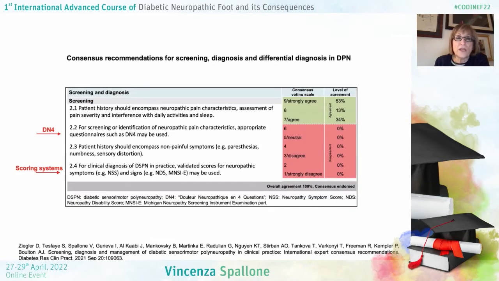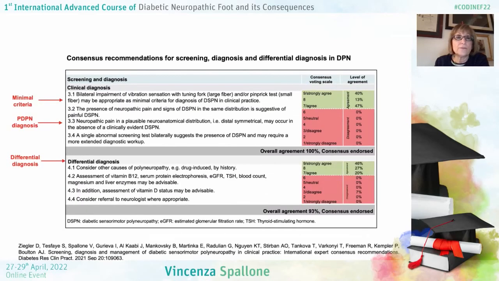I just mentioned the attention to DN4 for the screening of neuropathic pain and to the possibility to use scoring systems for symptoms assessment and for signs examination, and also to the criteria for the diagnosis of painful neuropathy, neuropathic pain in a plausible neuroanatomical distribution, distal symmetrical, but also the consideration that few cases can be pure small fiber neuropathy.